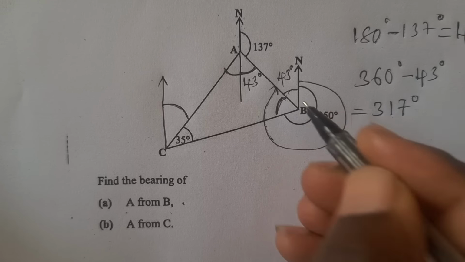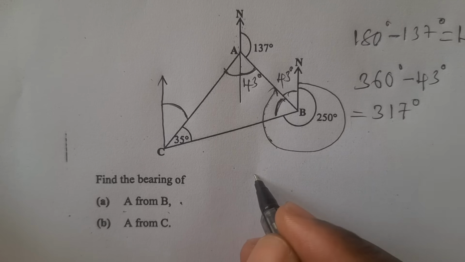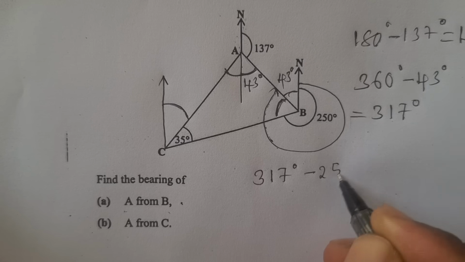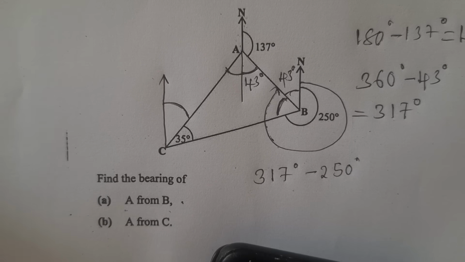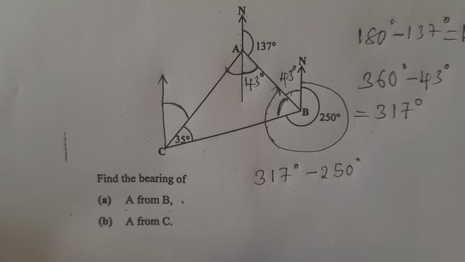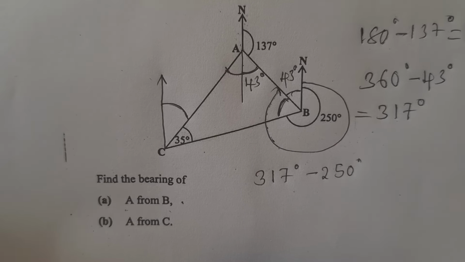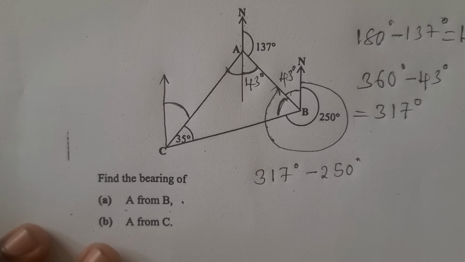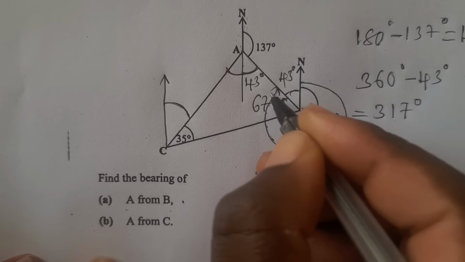So to find the angle inside this triangle, we shall say 317 degrees minus 250 degrees. When we say 317 minus 250, this is giving us 67. So the angle here is 67.